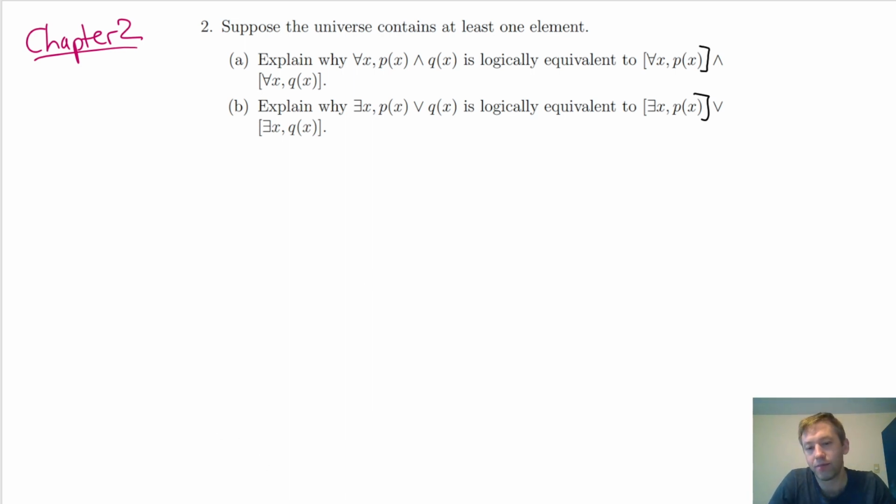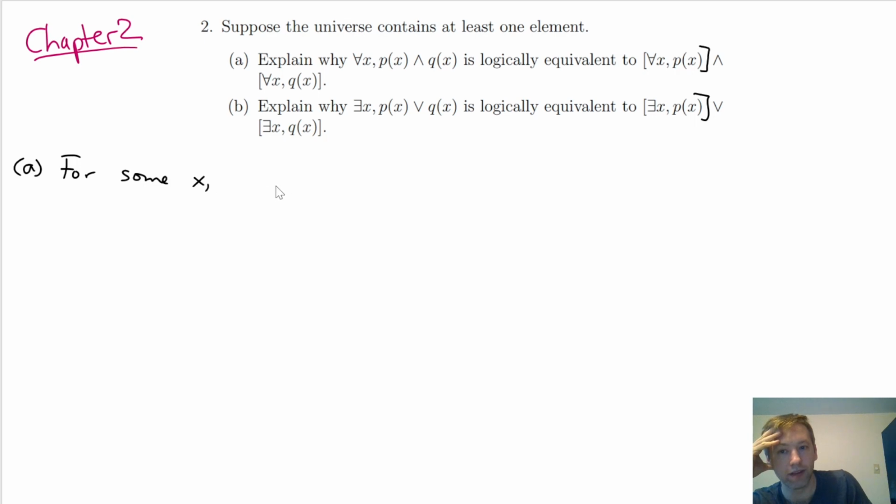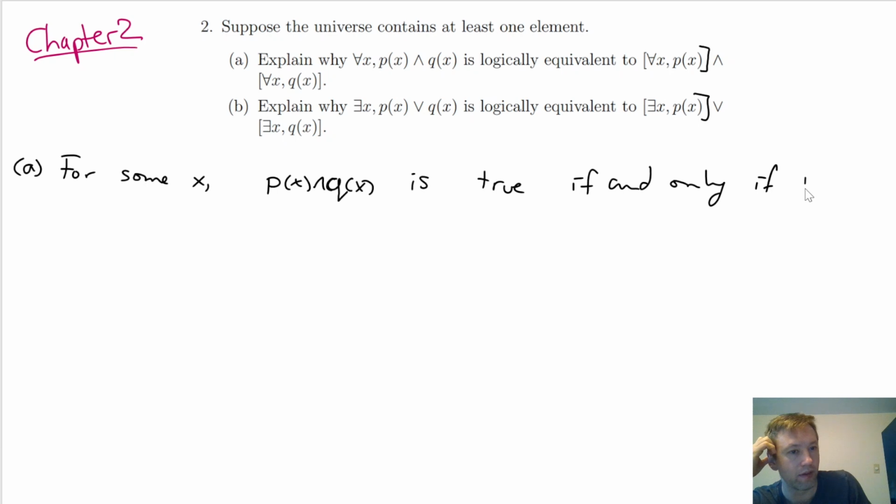I guess it's kind of evident if you think about it, but basically for any x, in order for p of x and q of x to be true, it is true if and only if p of x and q of x are both true.